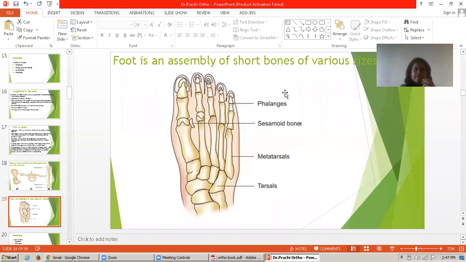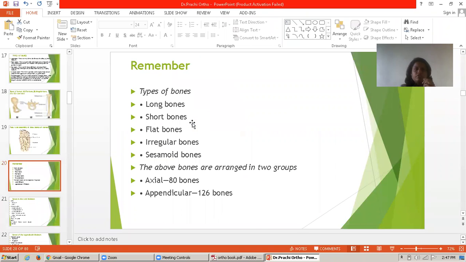Then the foot is an assembly of short bones of various sizes that shows tarsals, metatarsals, phalanges and the sesamoid bone. So, types of bone, remember: long bone, short bone, flat bone, irregular bone, sesamoid bone, and the above bones are arranged in two groups, that is axial 80 bones and appendicular 126.